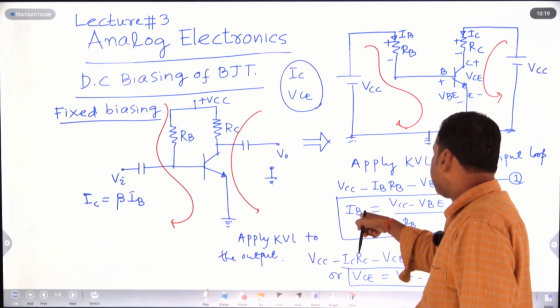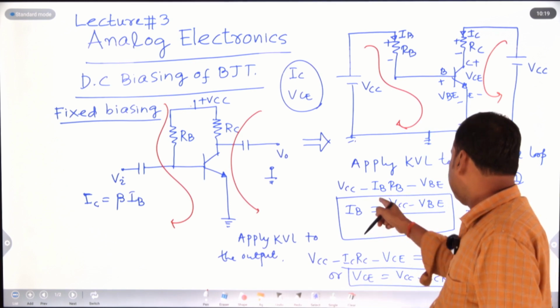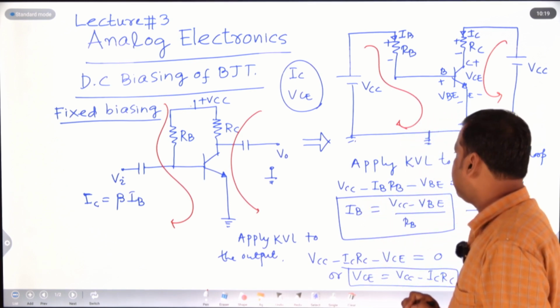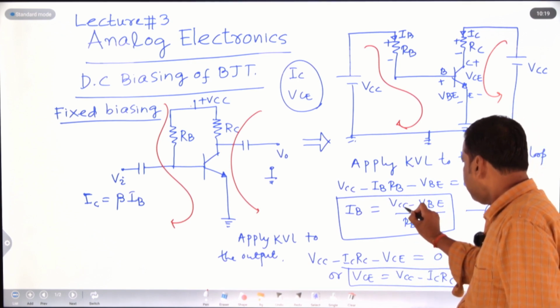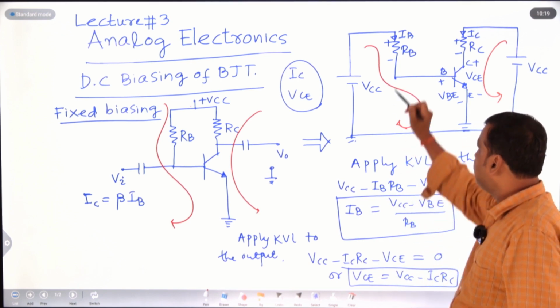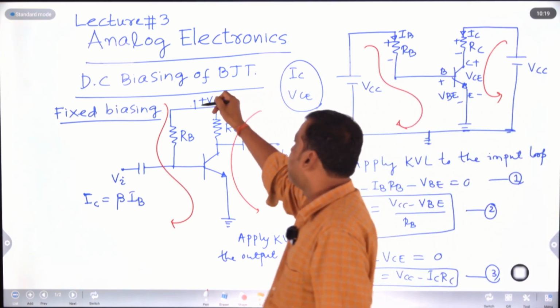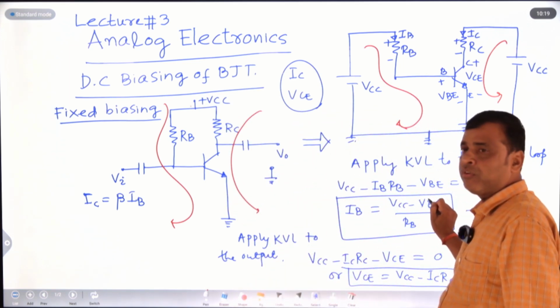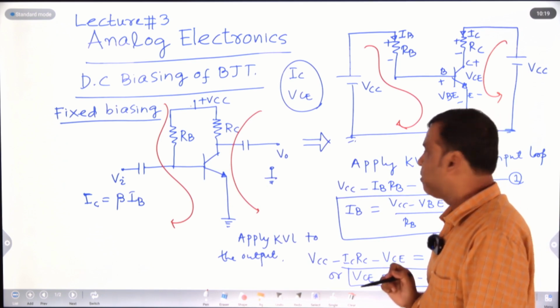How to get dIB by dIC? If you differentiate this IB with respect to IC, remember here VCC is a constant, maybe 10 volt, 20 volt, whatever supply we provide. VB is also constant, because it is 0.3 for germanium and 0.7 for silicon.